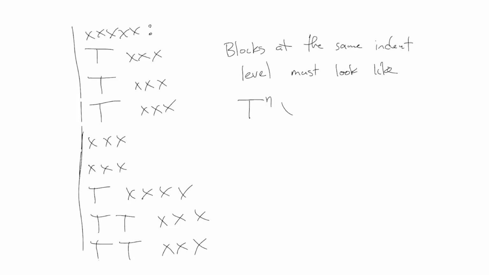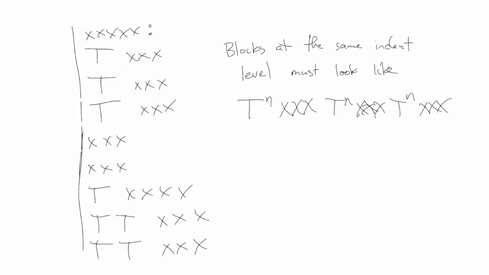But I will point out, any kind of blocks at the same indent level, by that I mean like these two lines here, they're both indented twice, right? Blocks that are next to each other have to be indented to the same amount. Blocks at the same indent level must look like something like T to the N, something, something, something, T to the N, something, something, something, T to the N, something, something, something, right? What if I were to just write these blocks without the line breaks?